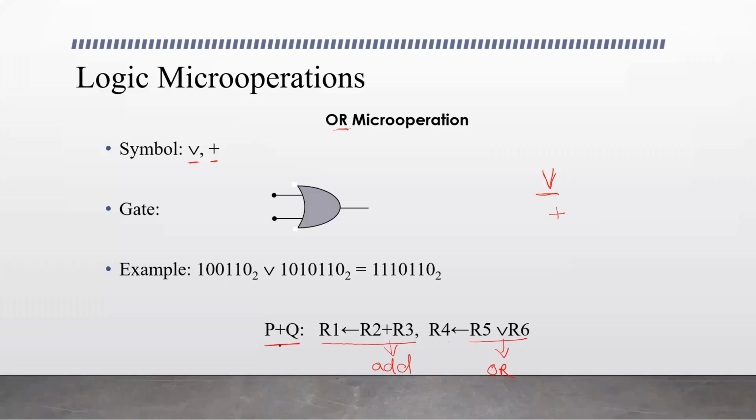And here P plus Q is the control function that controls these operations, given here as R1 gets R2 plus R3, and R4 gets R5 OR R6.